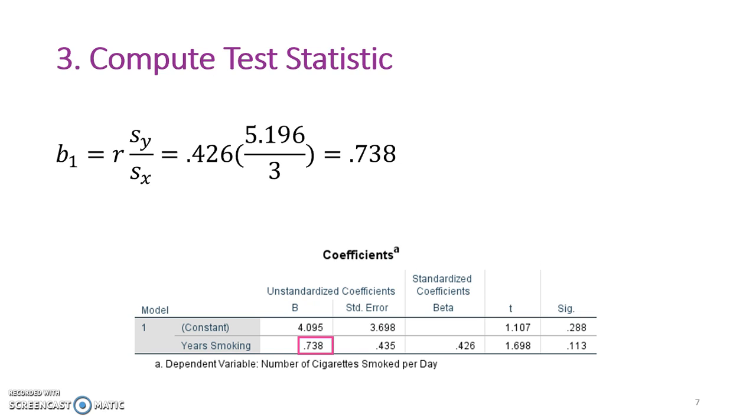We can actually just find this in the computer output. And I've again shown you the computer output and highlighted that coefficient here. So it's under the unstandardized B column, and years smoking is the predictor, and you can see the little footnote on the table that says the dependent variable is number of cigarettes smoked per day. So that's how you find it in that coefficients table.